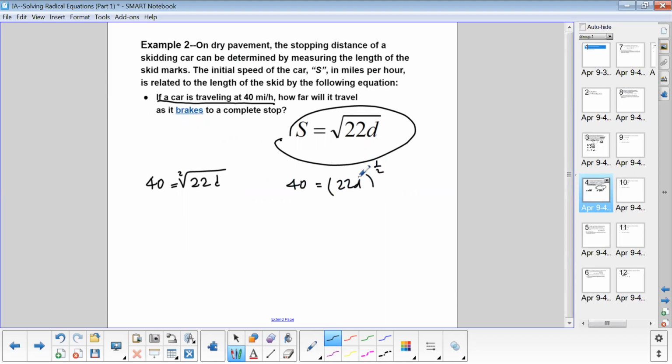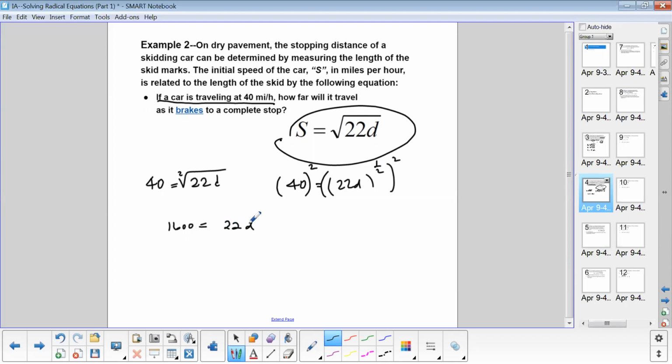And one of our exponent rules when we raise a power to a power is if I raise this to the second power, then I got to raise this to the second power. So 40 squared gives me 1,600. And notice what happens when I take a power to a power. 1/2 of 2 is just 1, so I get 22d.